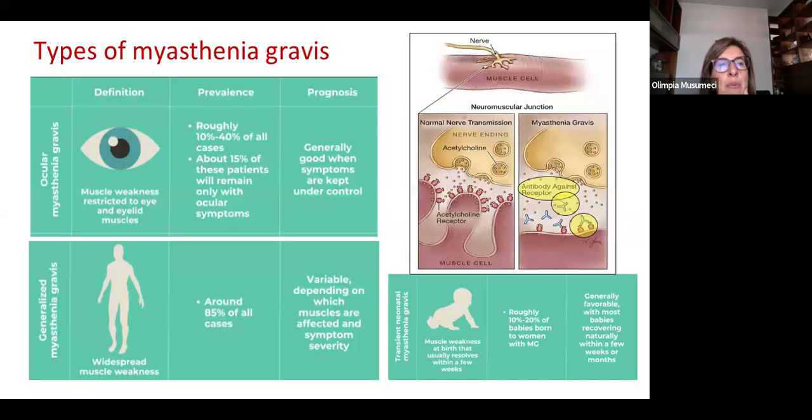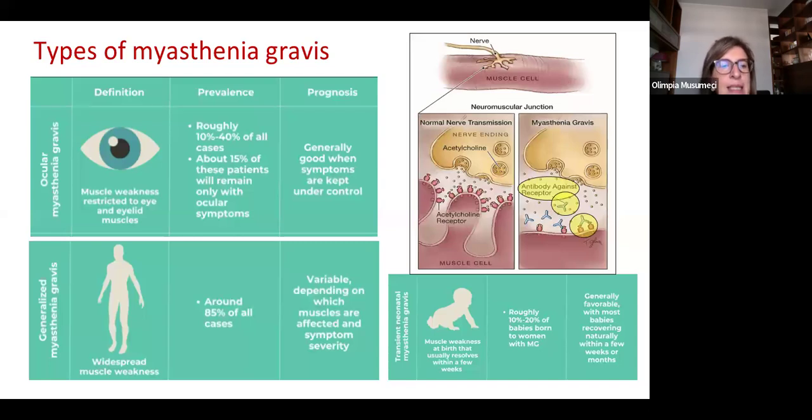As we know, we can distinguish two types of myasthenia: the ocular myasthenia gravis, where the muscle weakness is restricted to the eye and eyelid muscles. It is about 10 to 40% of all cases, and usually has a generally good prognosis.